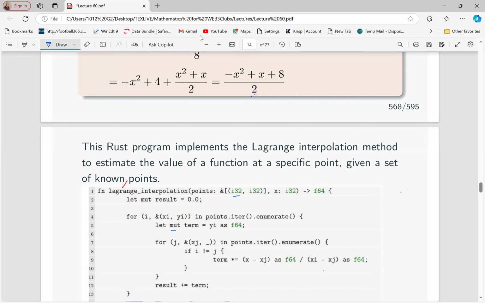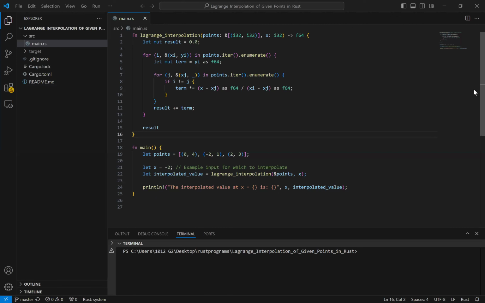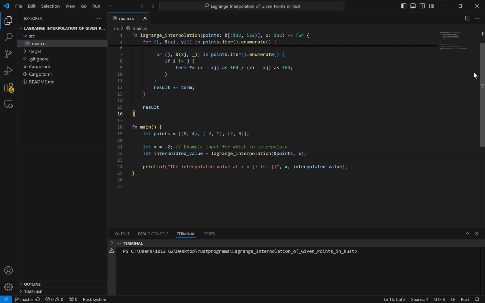So let me share this first one, first of all. This first one is this. This is the code I'm referring to. You give it points. After giving it points, it calculates the polynomial.